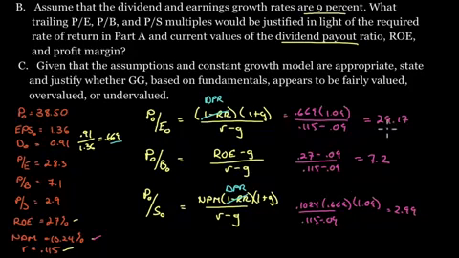Let's just compare them. We got 29.17 on a justified PE versus 28.3. It's currently selling at 28.3. It can justify 29.17, so it could trade at a little higher multiple. We've got a justified 7.2 versus a 7.1, so it could trade up a little bit. And we got 2.99 versus a 2.9, so it could trade up a little bit.